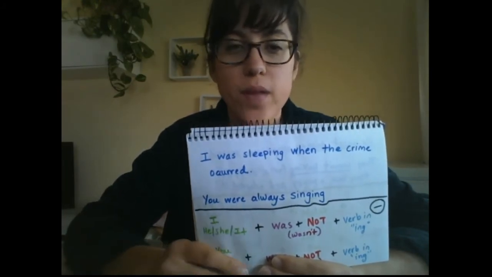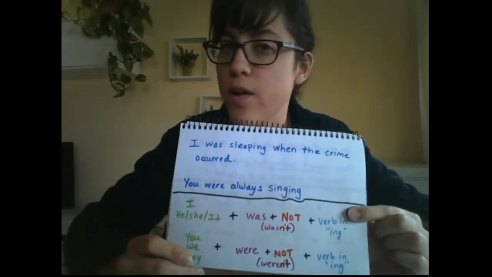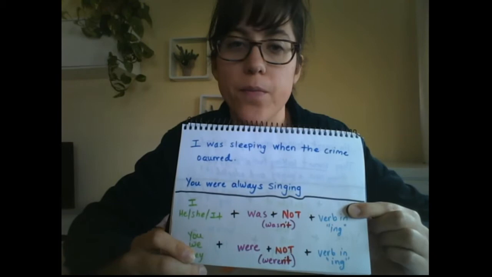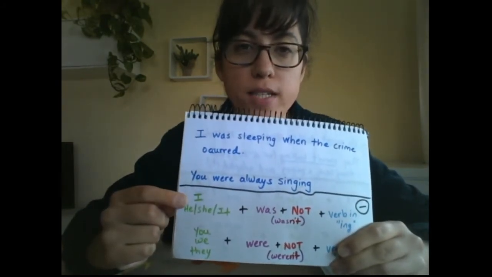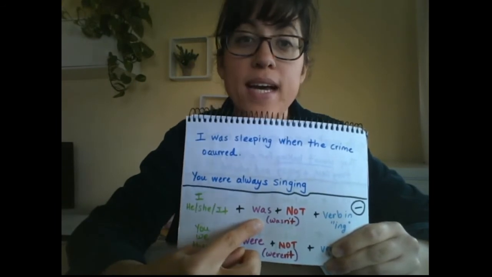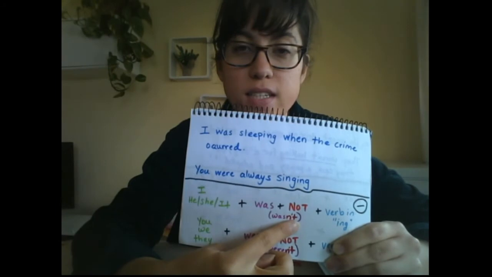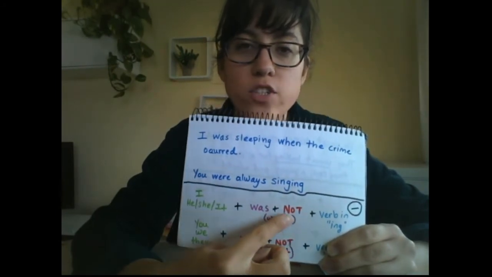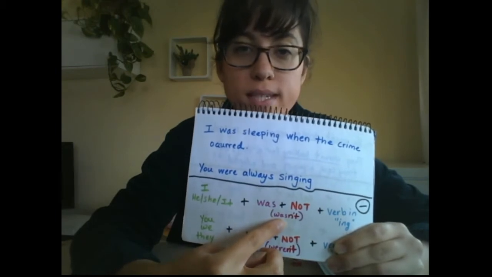Okay, now, cambiamos. How about in the negative? Si queremos decir que algo no estaba pasando. So, we take the same form. Subject, verb to be conjugated, was or were, más, not. Y estos se pueden juntar. Was not se convierte en wasn't.